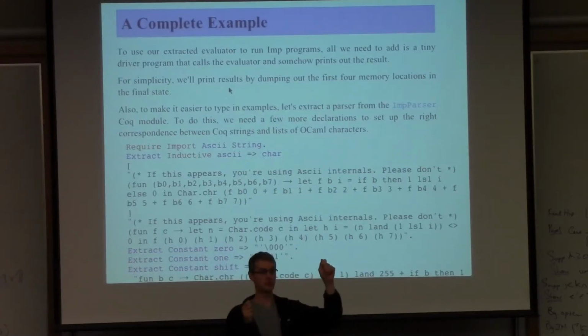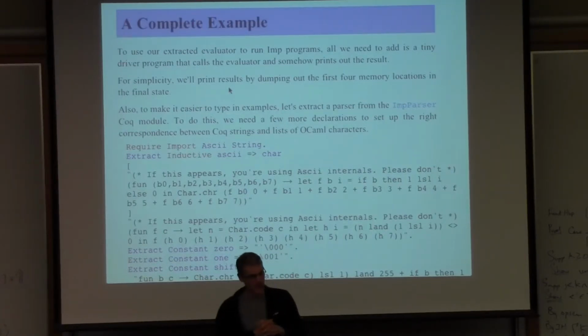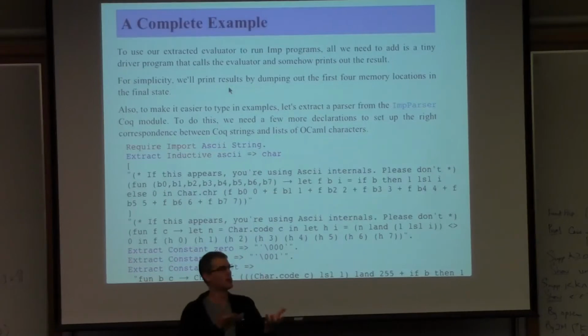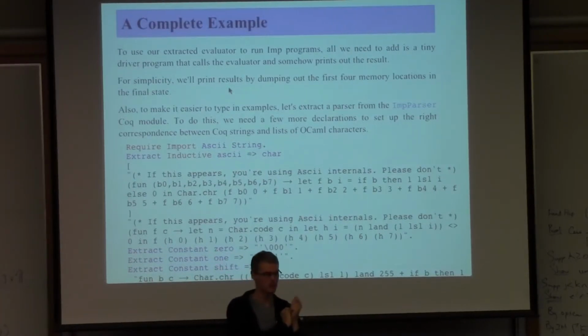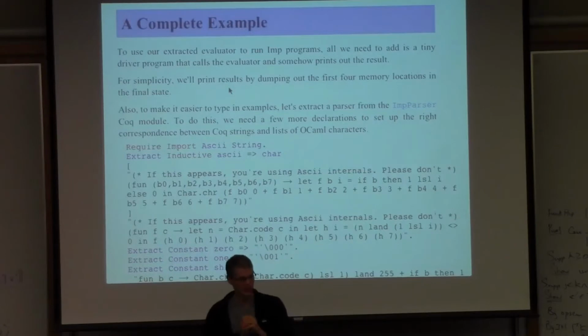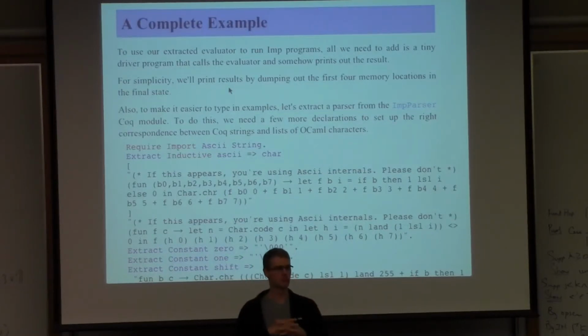We can just write them in strings in ML and do all the parsing in ML code extracted from Coq. And then we need a way of printing the results. The state that comes out is just a function from identifiers, which are just numbers, to numbers. And let's just print out the first 4, just to see what's in the memory.